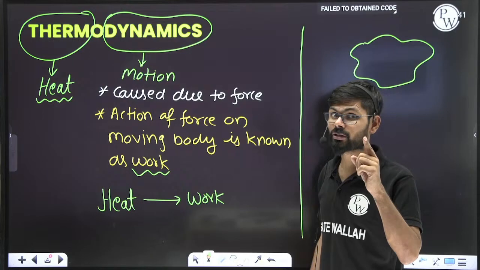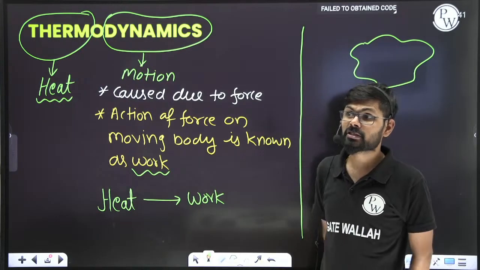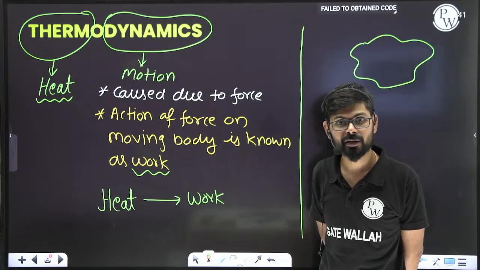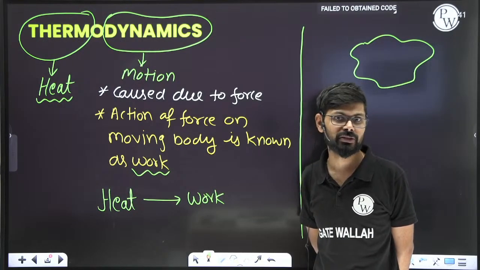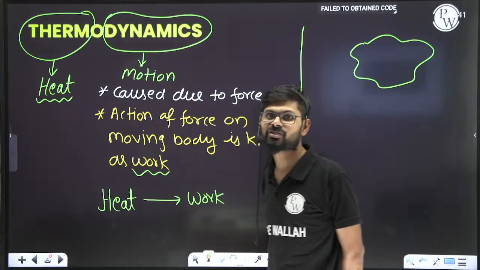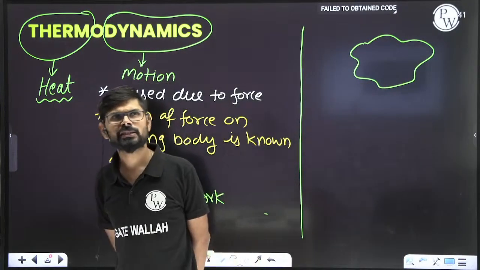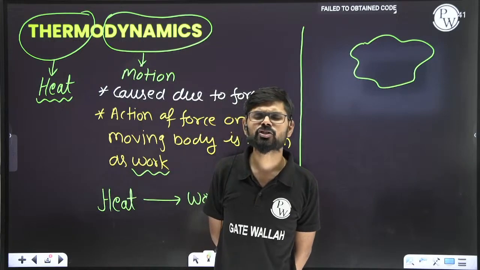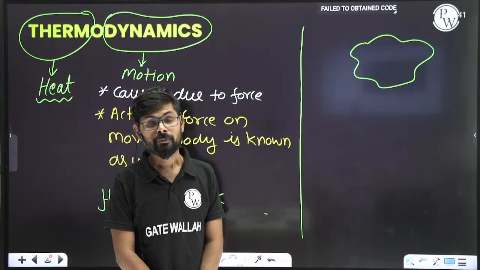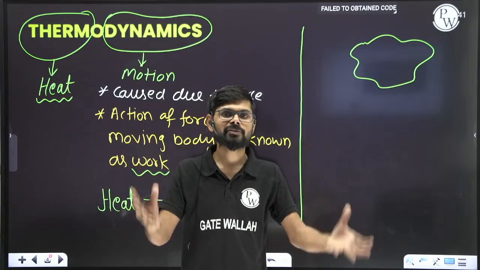Absolute temperature I'm talking about. Don't think that, sir, in my fridge 0 degree temperature can be maintained. I'm not talking about 0 degrees centigrade, I'm talking about absolute zero temperature. And the absolute scale is the Kelvin scale. So 0 Kelvin is not possible, means minus 273.15 is not possible. Means in the whole universe everything has some certain temperature.